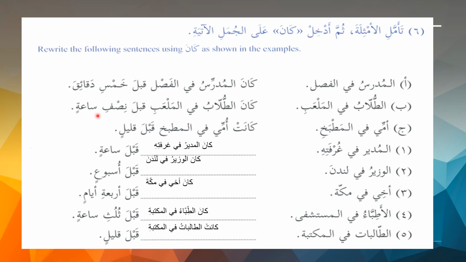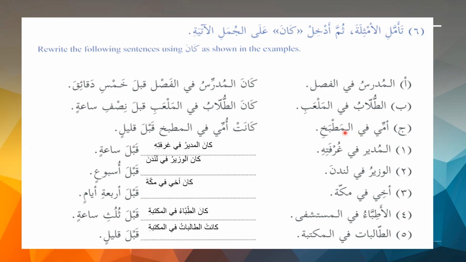As you know, a khabar can come as a single word or as a sentence: a jumla fi'liyya, a jumla ismiyya, or a shibh jumla. And what is shibh jumla? A sentence starting with a harf jar or with a zarf.